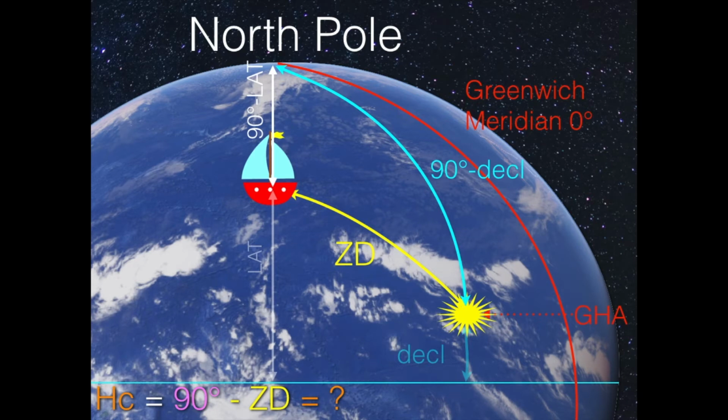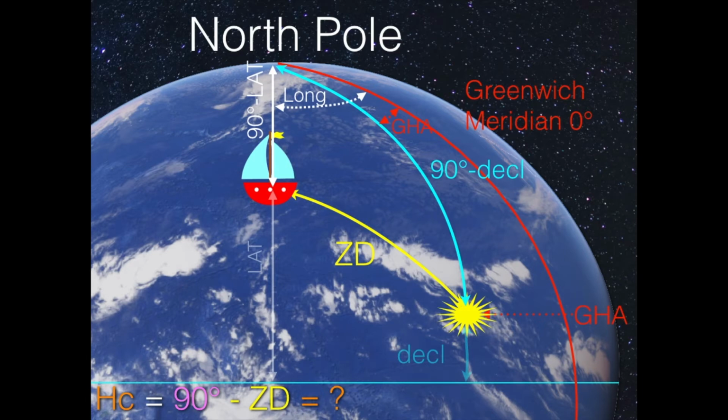Look at this. Can you recognize that the angle between the red line and the white line is the angle of longitude? So this angle between the red line and the white line is our longitude. Further, we know that the angle between the red line and the blue line is the Greenwich hour angle.